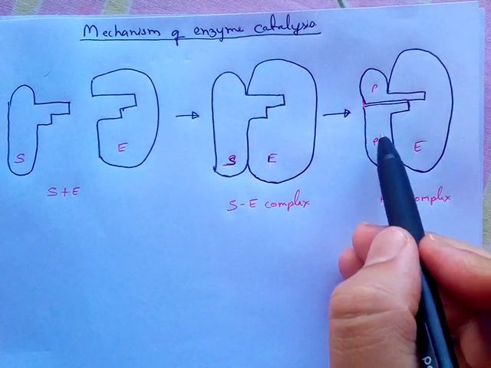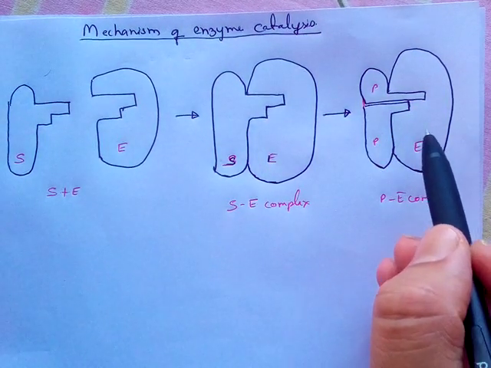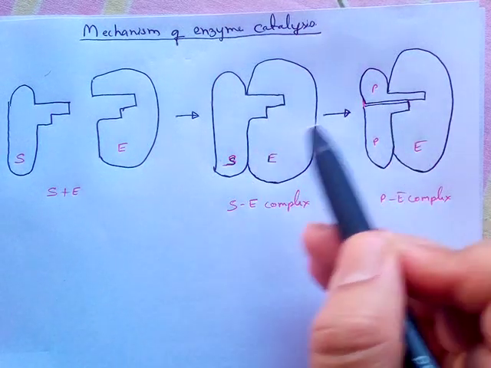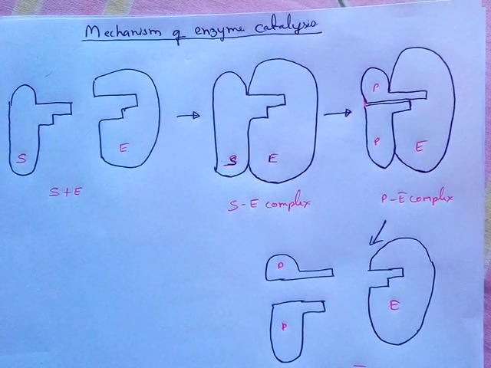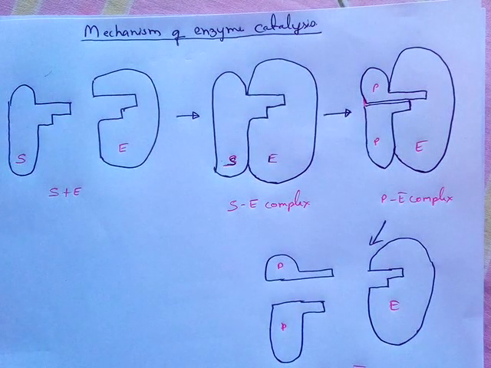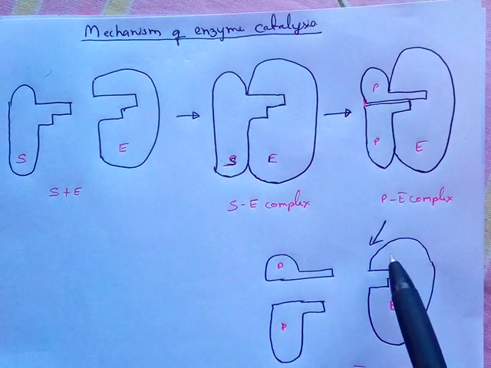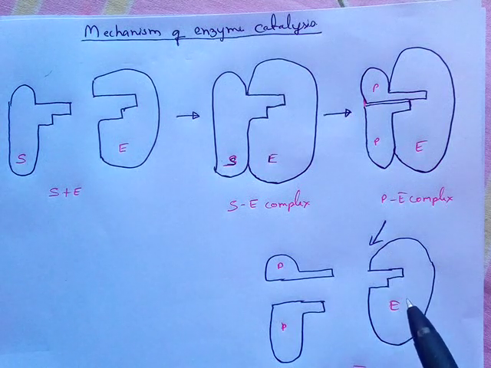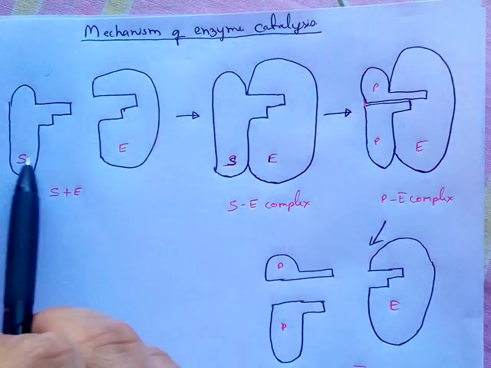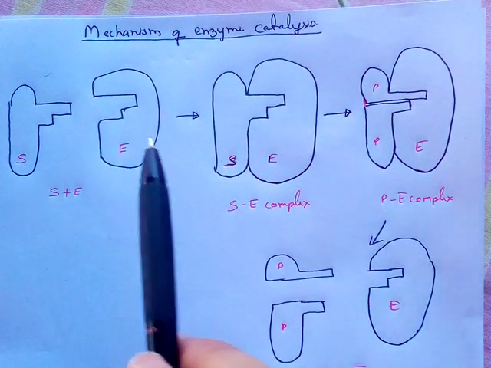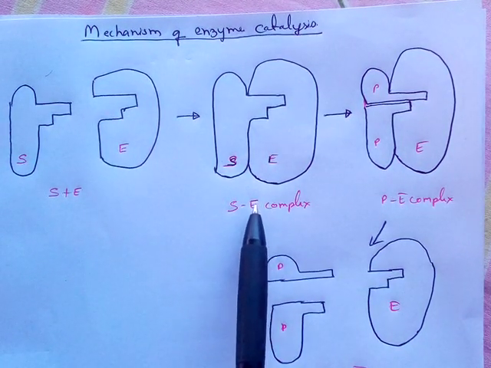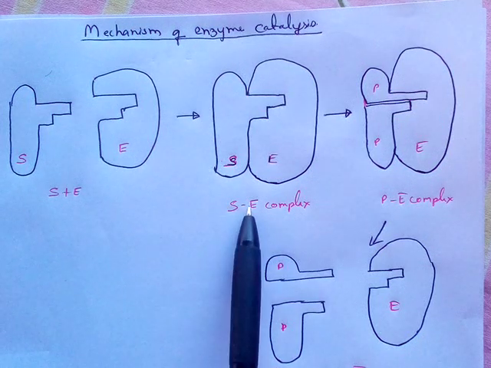Now the product has no affinity towards the enzyme, so the product will come out from the enzyme cavity. Now you can look here, I have drawn this one. Now the product has been formed. The enzyme is now again free to take another substrate. Now another substrate will come here and bind with the enzyme, and it forms again the substrate enzyme complex.